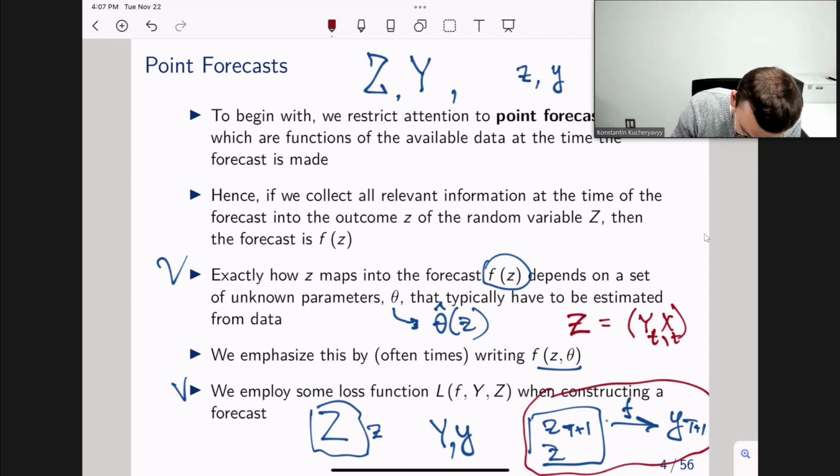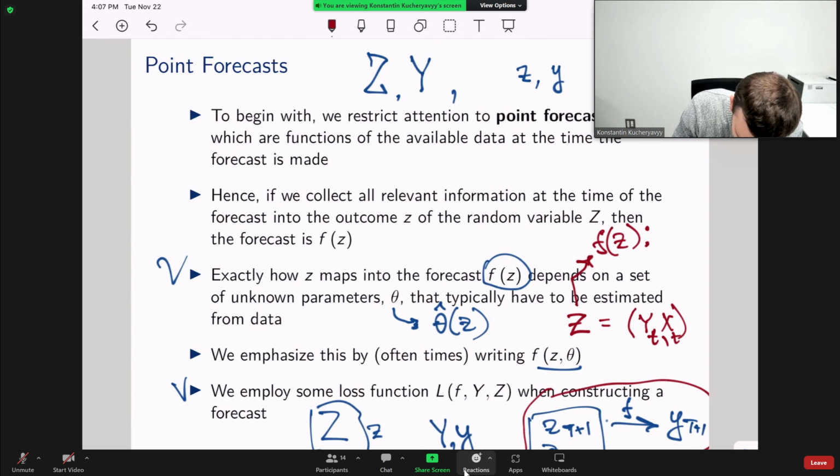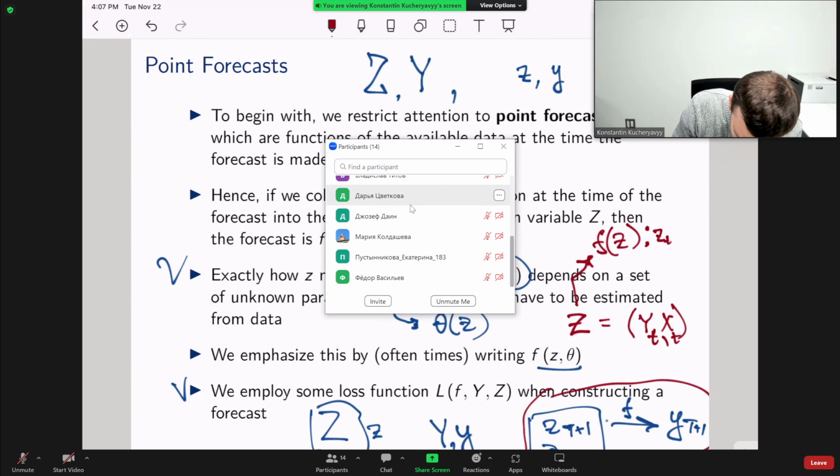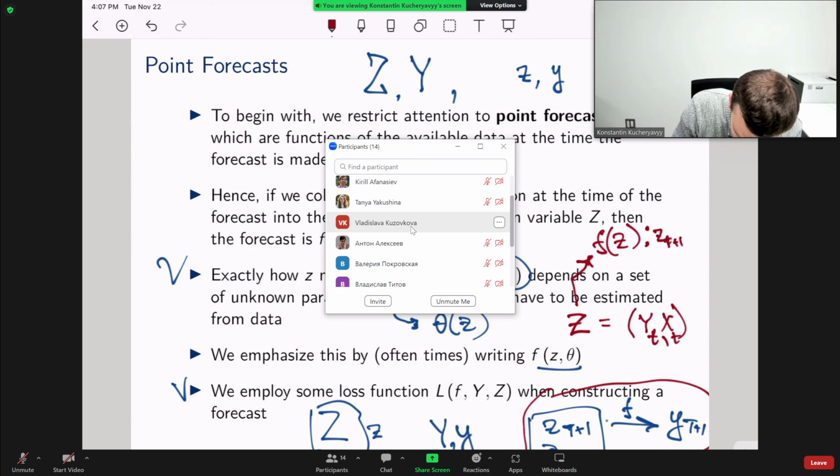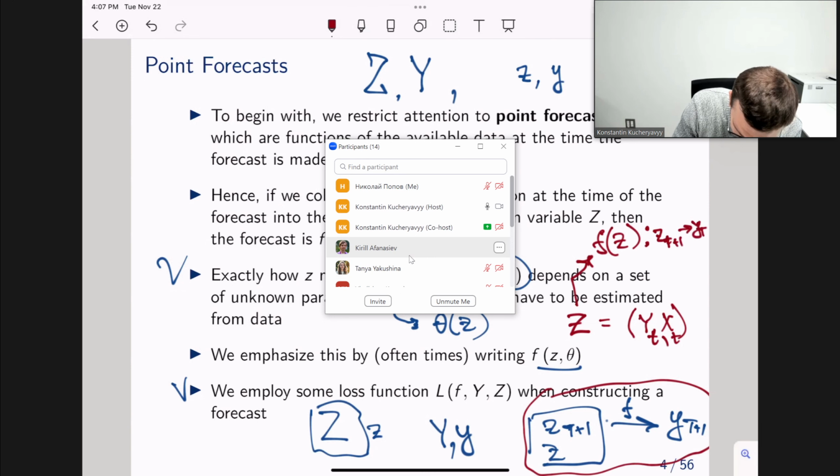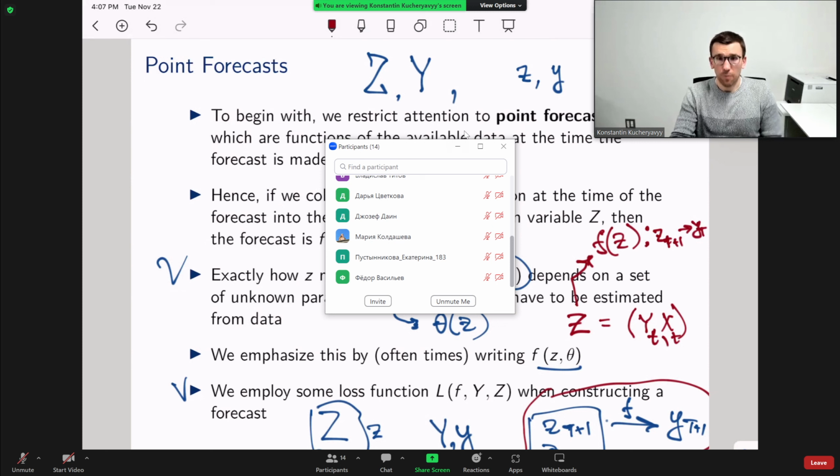And then that data set Z results in the forecasting rule F(Z), which we then use to construct a mapping rule from Z_{t+1} to Y_{t+1}.